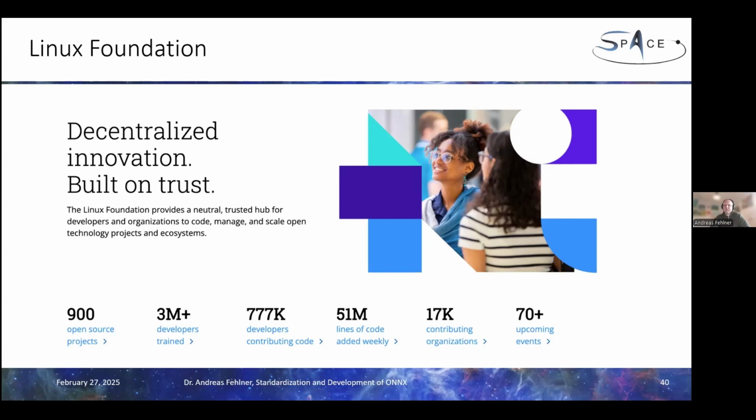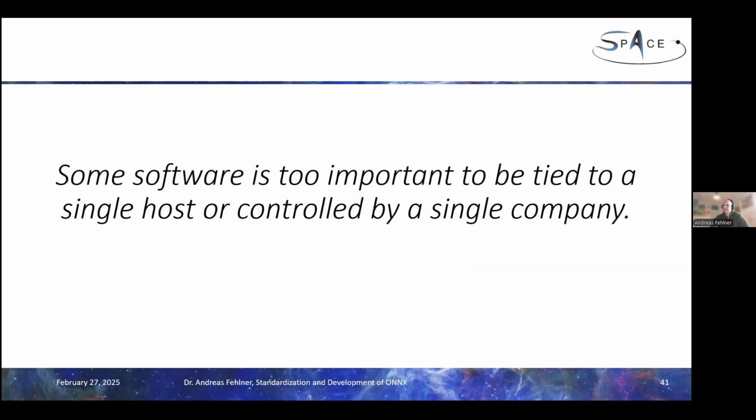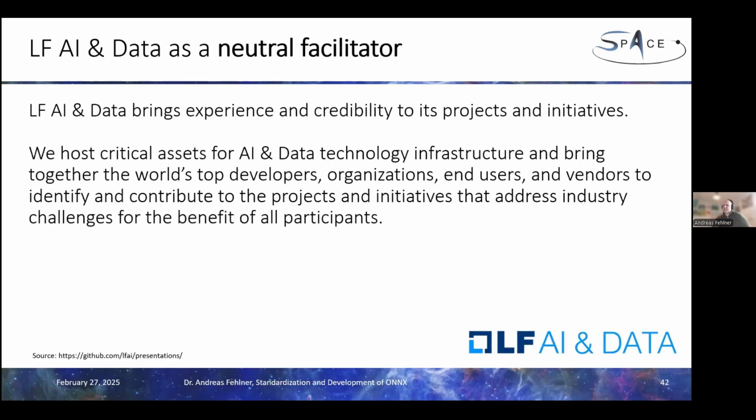So this covers a lot of parts of software. And the vision of the Linux Foundation is to say some software is too important to be tied to a single host and controlled by a single company. I would say that's also true for some standards. A standard cannot be set by a single company, or maybe should not be set by a single company.